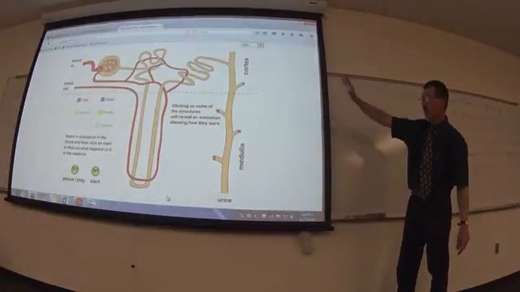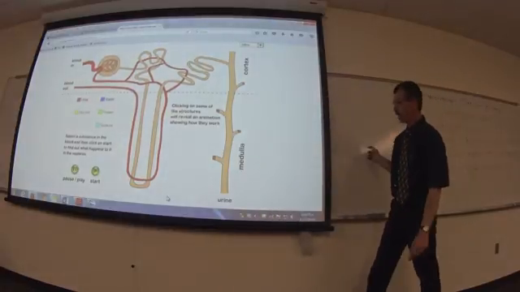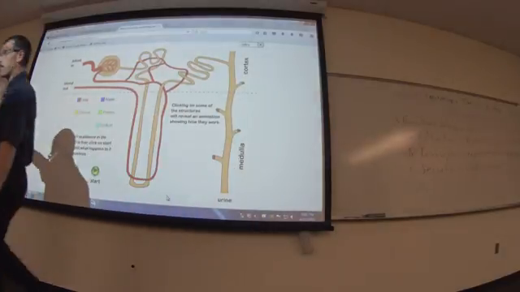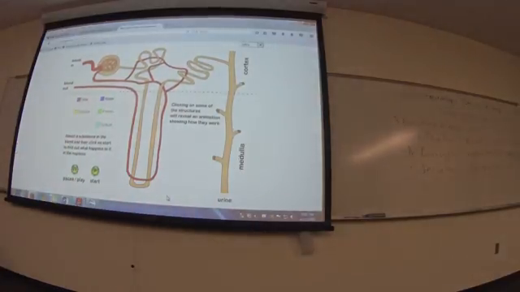So I have the nephron, I have the blood, and I'm going to look at these processes on different chemicals. Let's do protein. Protein would be a little green ball. Where do you think the protein would go as this animation runs? Where should it go, or where should it not go? It should not go in the nephron. It should stay in the blood. Why should protein stay in the blood? It's too big. So let's watch that.